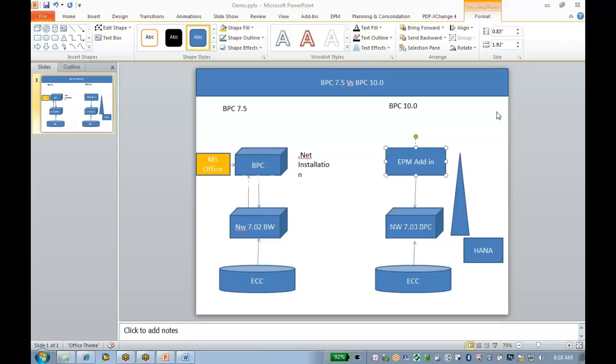Yeah, one second. So total only MS Office, like Excel? Kiran, sorry. The front end will be only Excel, or some other like MS Office, it will support for BPC 10. Yeah, same front end. Okay, I'll tell in the Excel only. Give me one second.